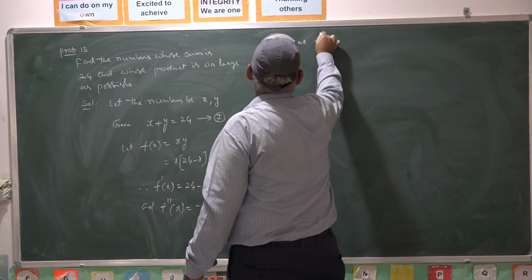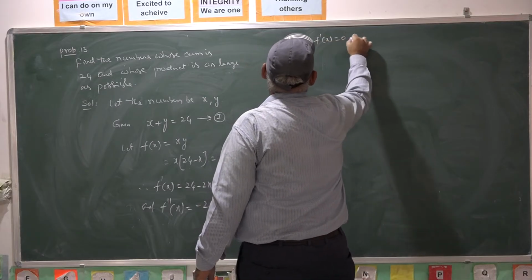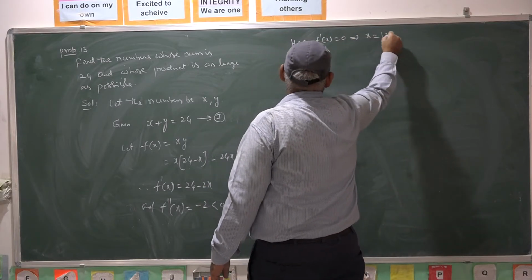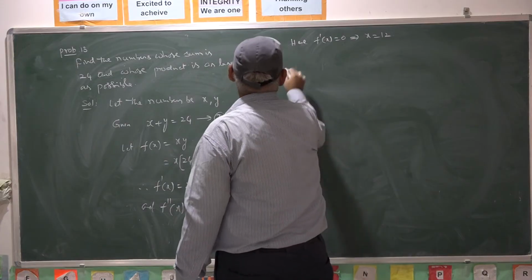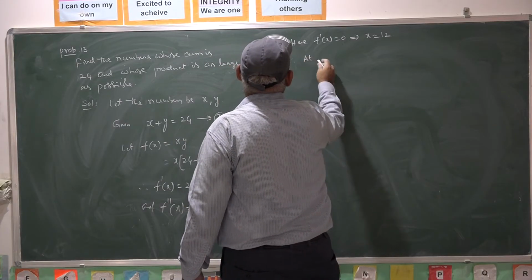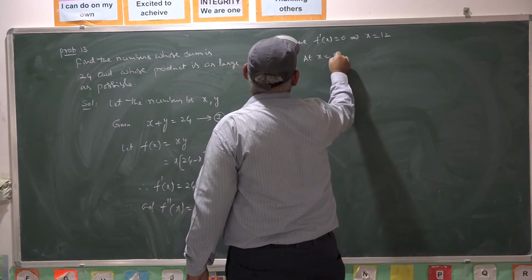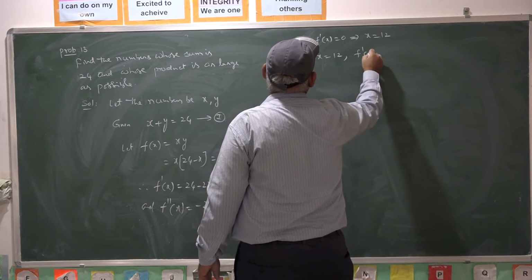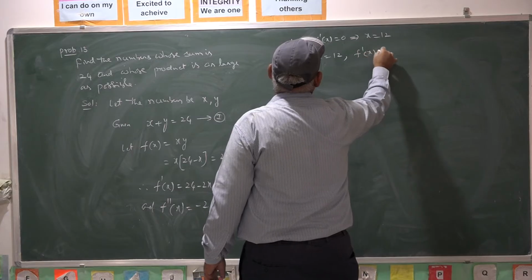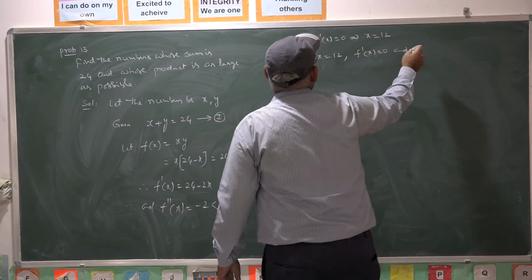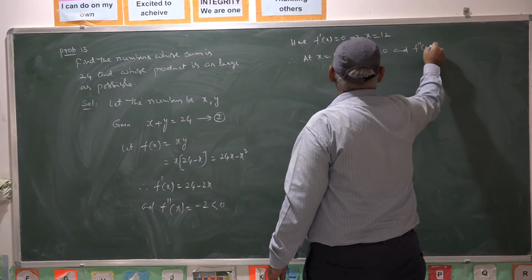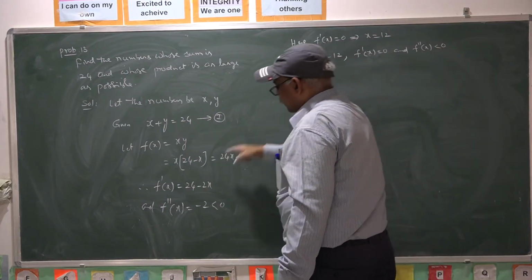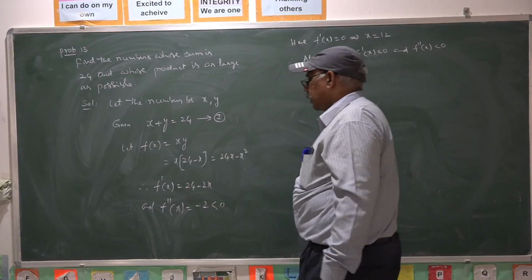Here f dash x is 0, which implies x takes the value 12. So at x equal to 12, f dash x is 0 and f double dash x is negative.